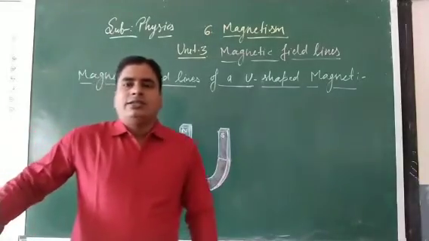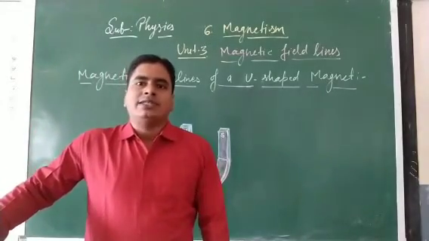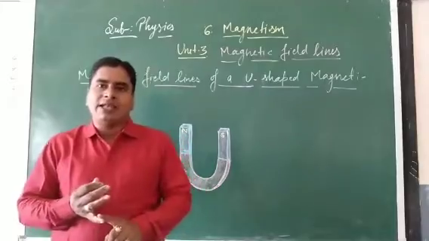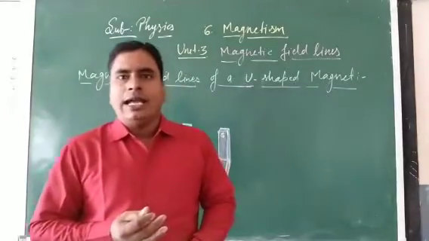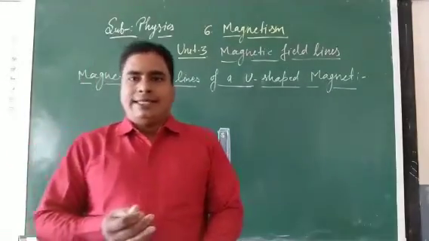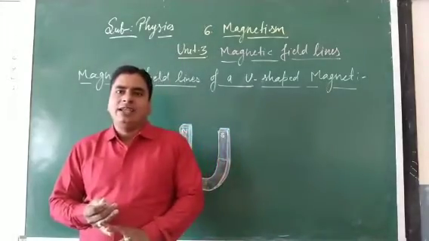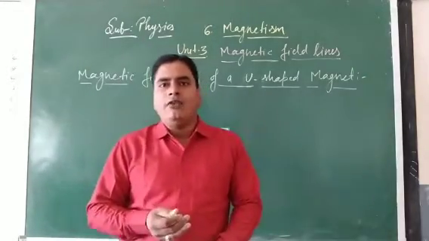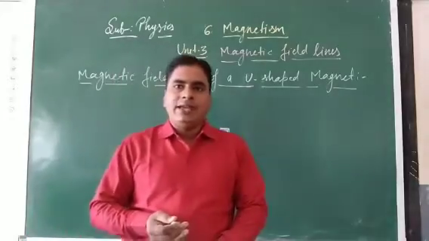In the last few classes we have already discussed the magnetic fields around a bar magnet, magnetic field lines, the properties of magnetic field lines of force, and how we can draw the field lines of a bar magnet.